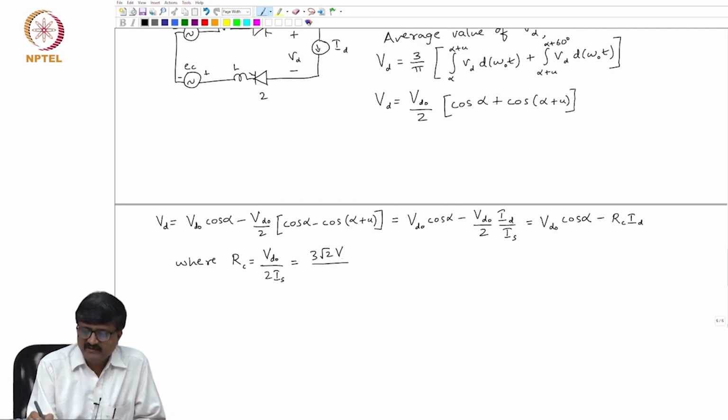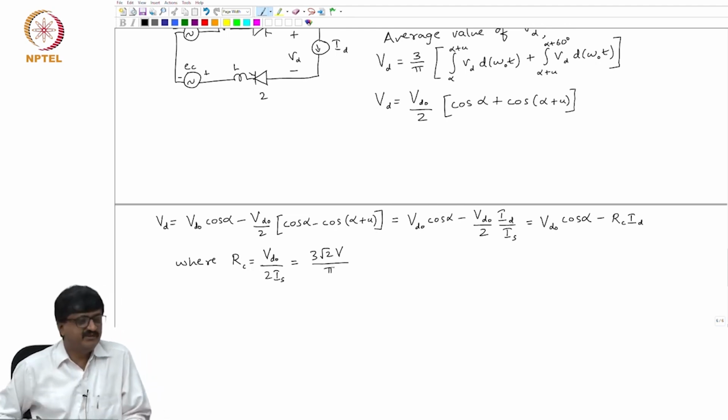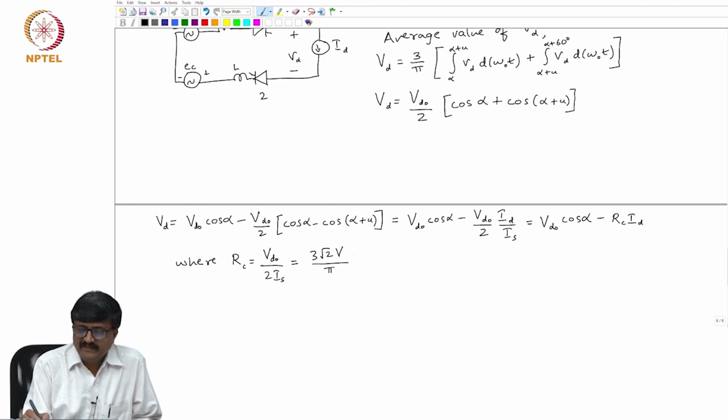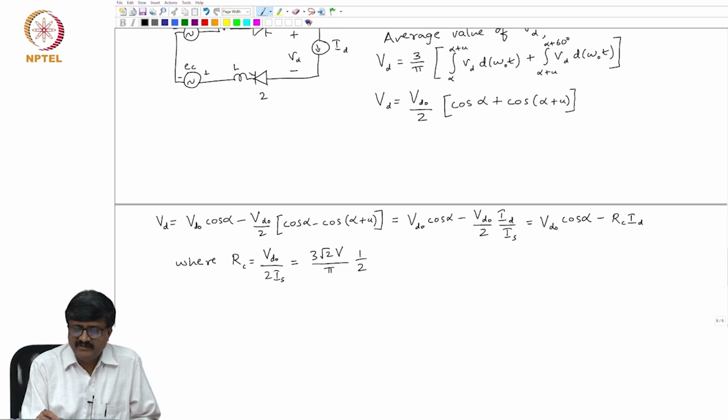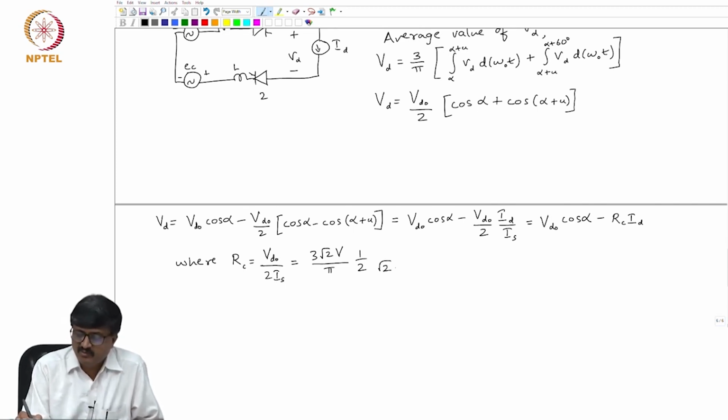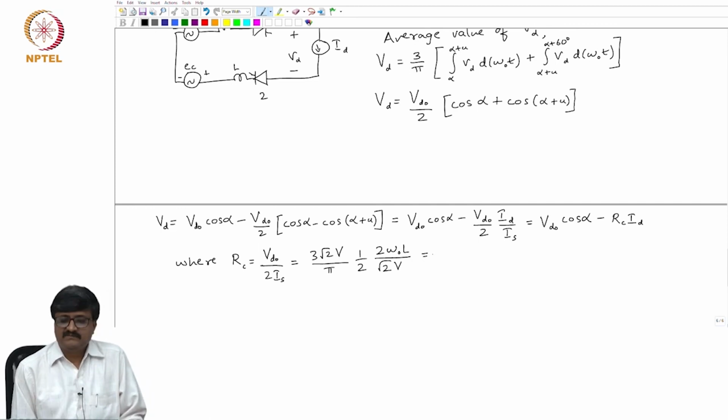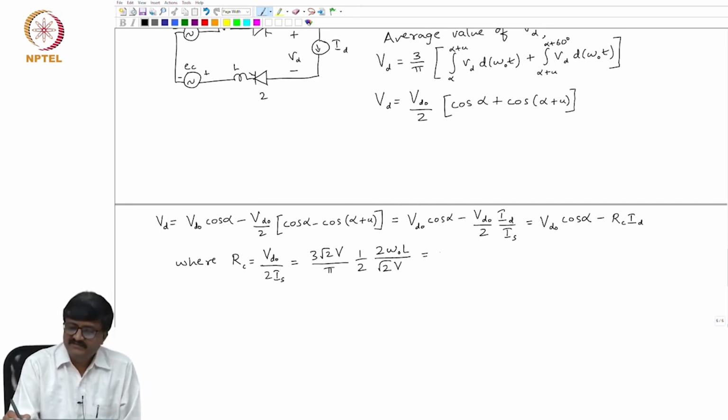Vdo is 3 root 2 V by pi, and what is 2Is? 1 by 2Is is 1 by 2 into the reciprocal of Is. By definition, Is is the peak value of the short circuit current. So, it is root 2 V in the denominator, in the numerator it is 2 omega L. If you do all the cancellations, what you get is 3 omega L by pi.